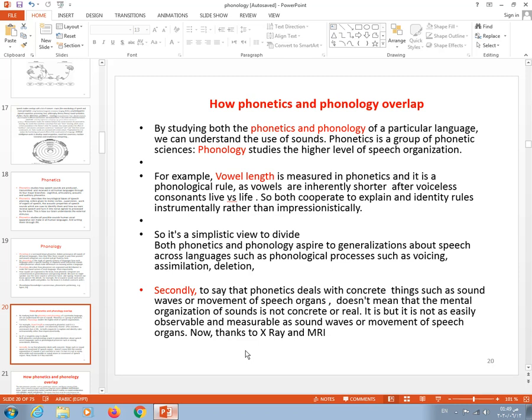So now we can see online how things are taking place inside our brains. Our brains are no longer opaque black boxes; we can see what's happening there. And so to say that phonology is not concrete and is abstract is not exact to a great extent.